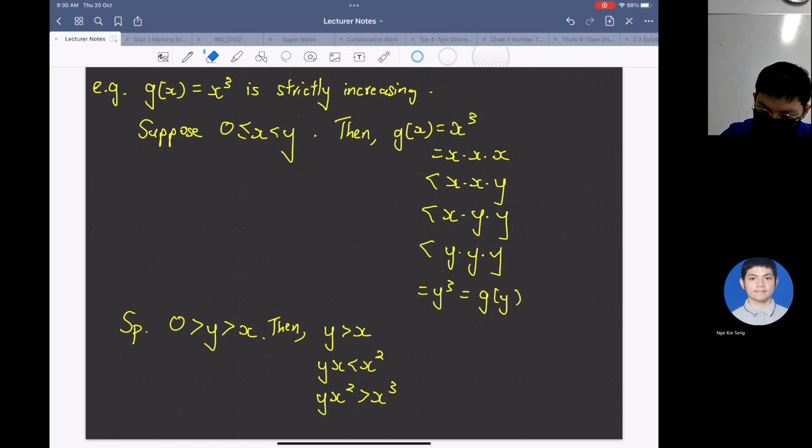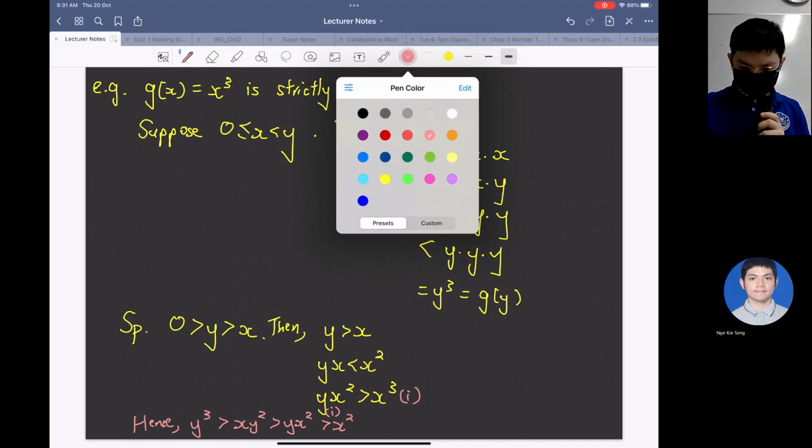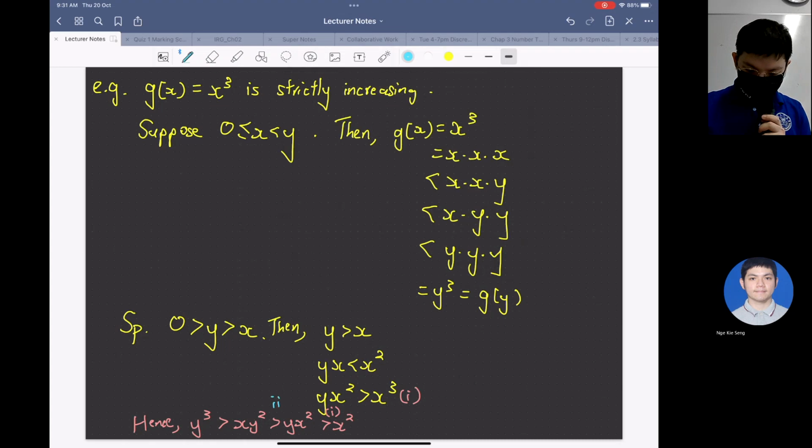So I want to show, so I write out my goal first. y cube greater than x squared y. Let me label this. So this part here is this part. So try and figure out part 2 and part 3.